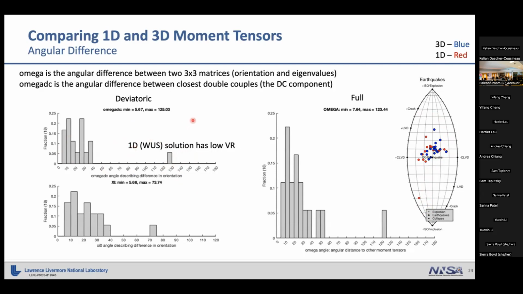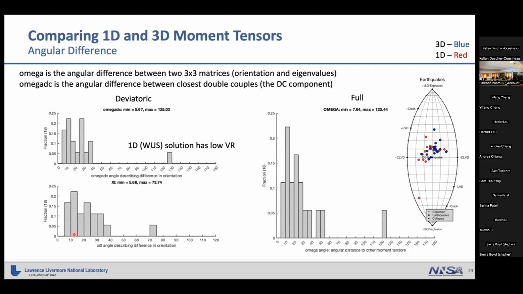This is looking at angular differences between the matrices. On the bottom here, the omega angle accounts for differences in orientation and eigenvalues. So not just the distance along this loom, but also the double couple mechanism, how much they rotate.